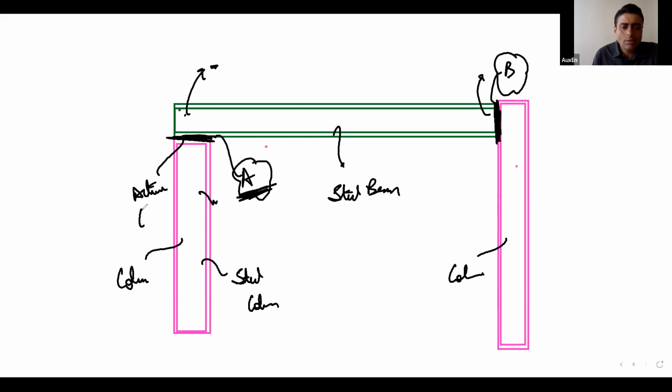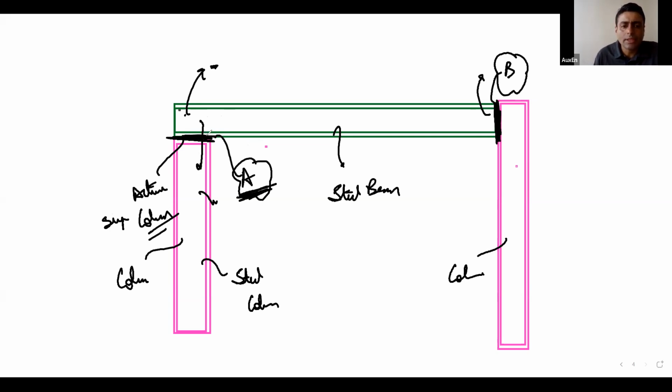Okay, A is providing your beam an active support. Active support means, let's say, even if the connection does not perform well, or it malfunctions, your beam will continue to get support of the column. At least vertical support it will get.